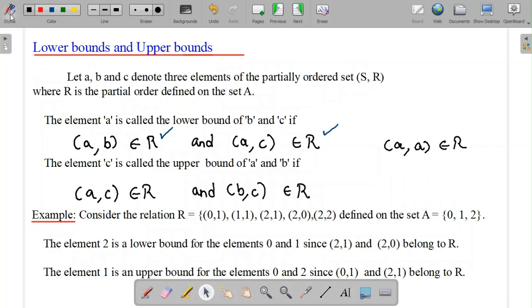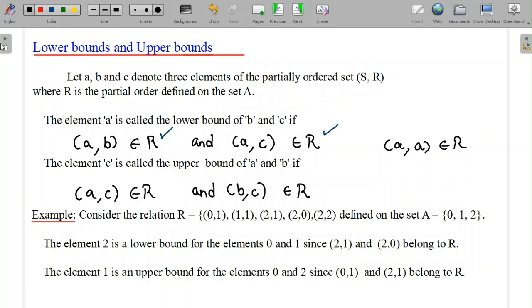Now, we'll use this definition and solve a problem to find the lower bounds of a subset. Consider this relation here. It contains 5 ordered pairs on the set A, which contains 3 elements. You can easily note that 2 is the lower bound for the elements 0 and 1 because (2, 1) and (2, 0) are part of the relation.